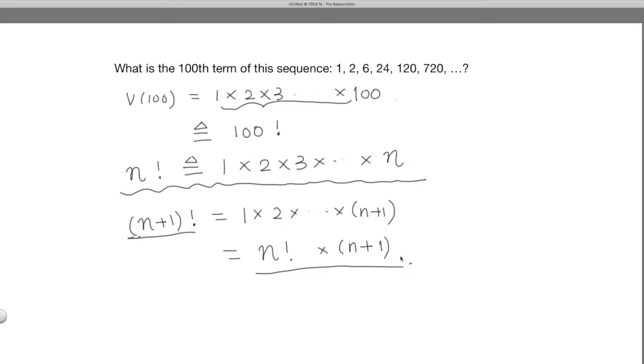There are a lot of interesting problems people can ask about factorials. For example, a very common problem people ask is, for n factorial, how many trailing zeros are there in n factorial?